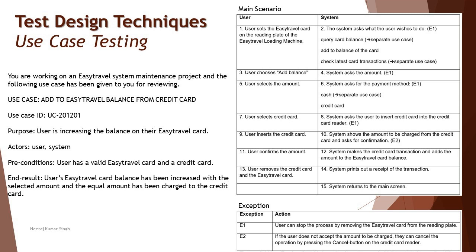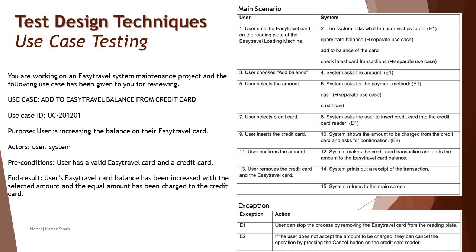There's another way the same transaction can be cancelled, if you opt for no, because step number 10 is to take a confirmation from you. So what if the user does not accept the amount to be charged? They can cancel the operation only by pressing the cancel button on the credit card reader, right? So that's a different exception to terminate the main path.